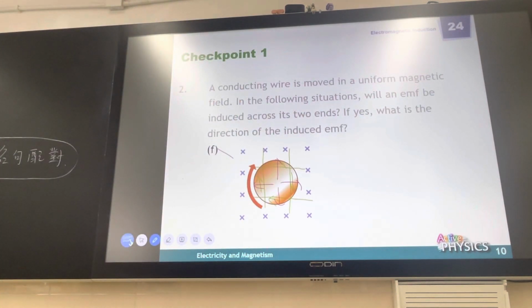Okay? So once all the electrons go to the center, then the current will be ceased. So actually this current is a temporary current.